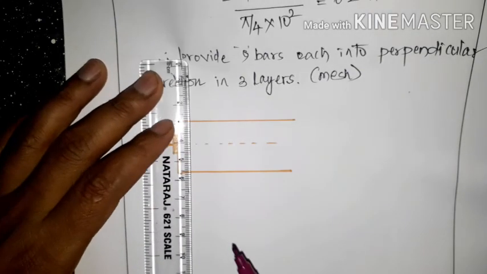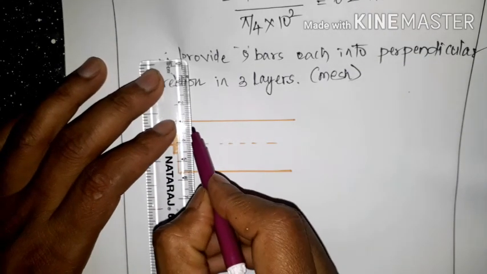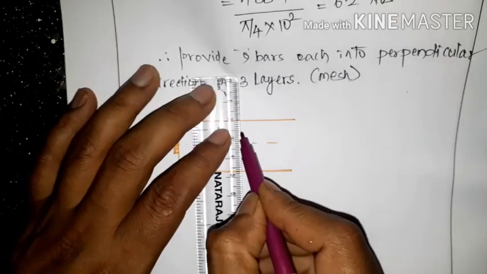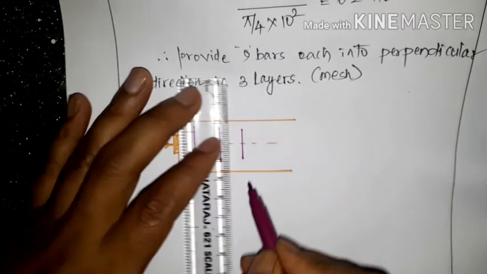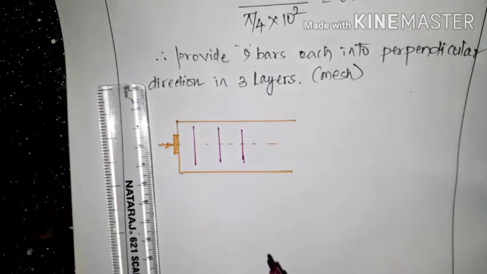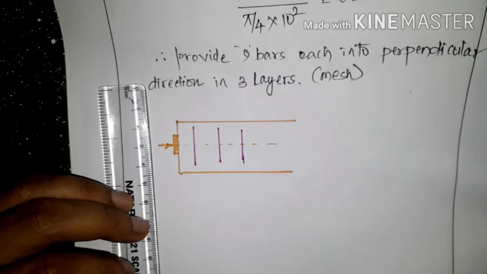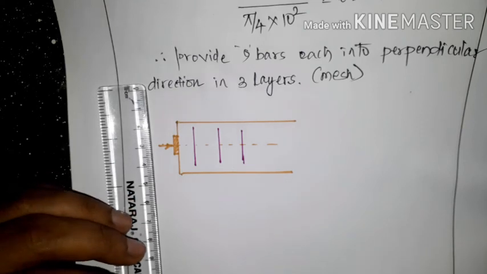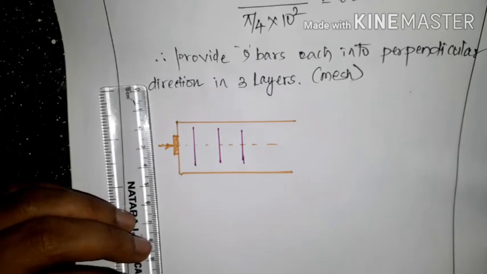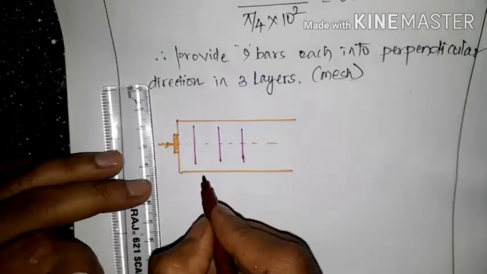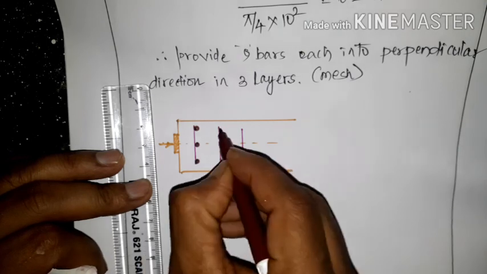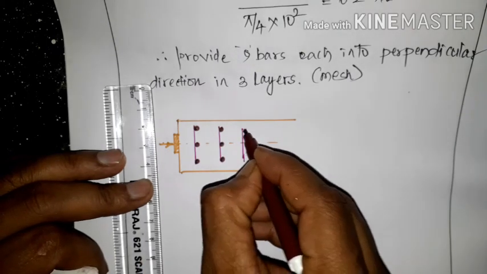First of all, the vertical bars 1, 2, 3, but total bars are 9 in vertical direction, and again 9 bars in horizontal direction. Wait a minute, I'll show you. Again here it is 1, 2, 3, 1, 2, 3, 1, 2, 3.